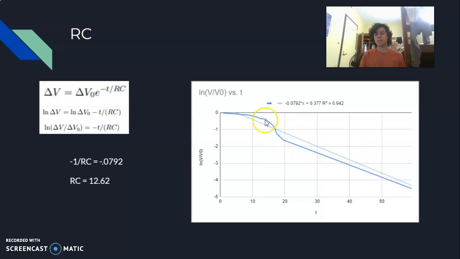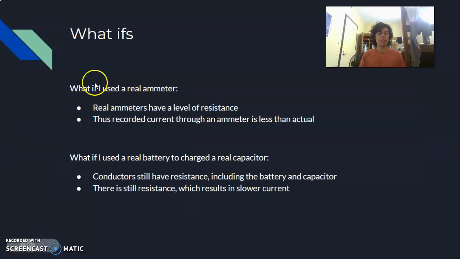This light blue slope is the line of best fit, and this is our actual, what I measured during my calculation. As we can see right here, negative 1 over RC is equal to negative 0.0792, which means that RC is equal to 12.62.